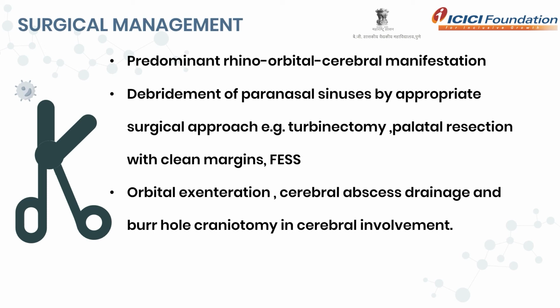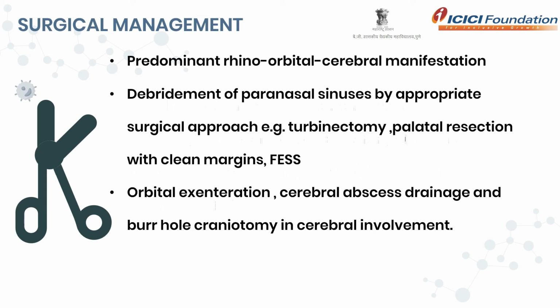Debridement of the paranasal sinuses by an appropriate surgical approach, that is turbinectomy or palatal resection with a clean margin, or also we do face procedures. When orbital involvement is there, then orbital exenteration. When there is a cerebral abscess, then cerebral abscess drainage by burr hole or by craniotomy.